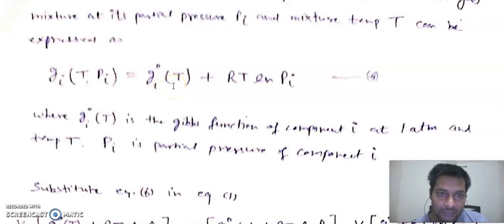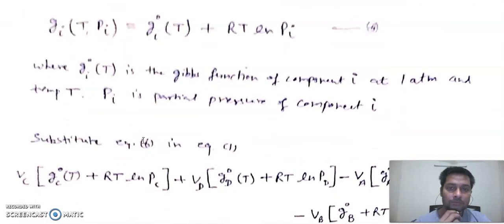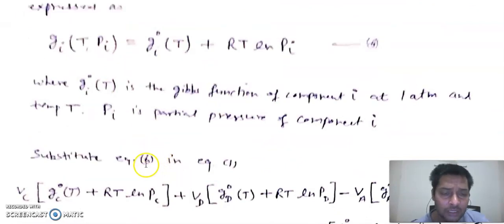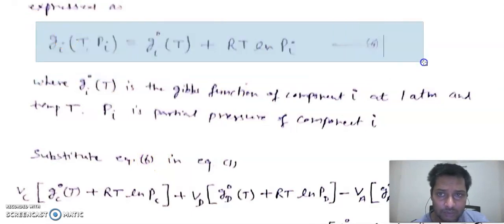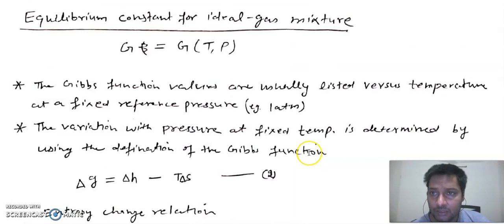It means Gibbs energy at 1 atmospheric pressure plus whatever change occurs due to the current pressure of the system. So substitute this equation 6 in equation 1. What was equation 1? This one.